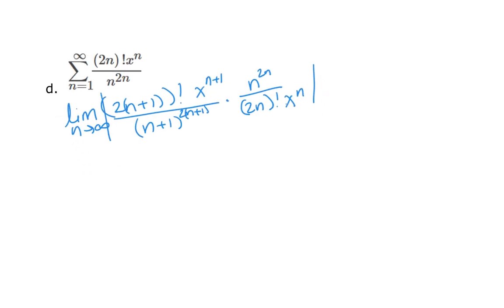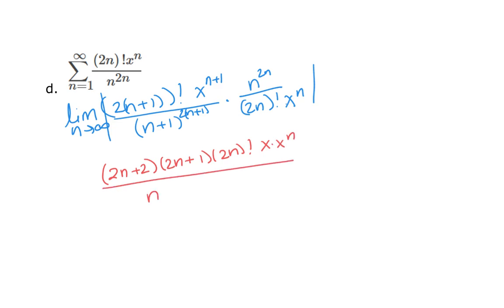So let's do some algebra over here. This is 2 to the n plus 2, just distributing, 2 to the n plus 1, and then 2 to the n factorial. I have x to the n. I'm going to have n plus 1 raised to the 2n, and then multiplied by n plus 1 raised to the 2.